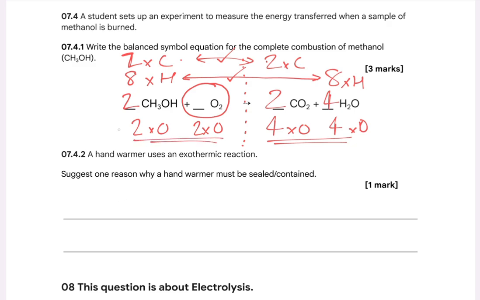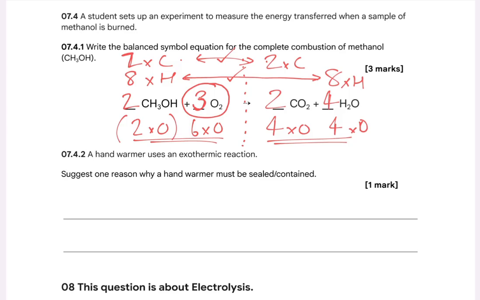Now I don't want to change these 2 oxygens because that means changing the 2 in front of methanol, which changes all the carbons and the hydrogens again, and then we go around in a circle. So if we literally just alter this number in this oxygen here, so I need to make this oxygen a 6, which means if I multiply that by a 3, everything is sorted, and that reaction is now good to go.